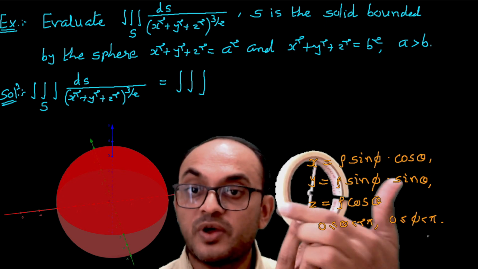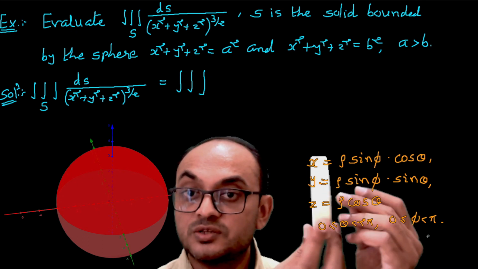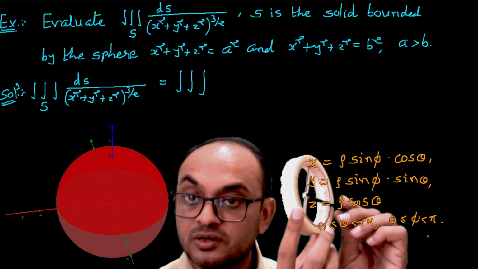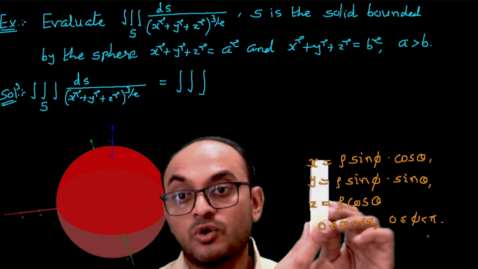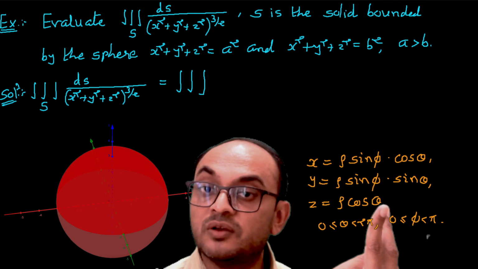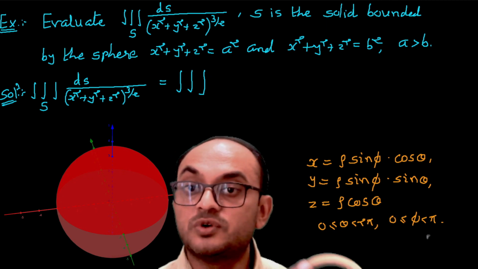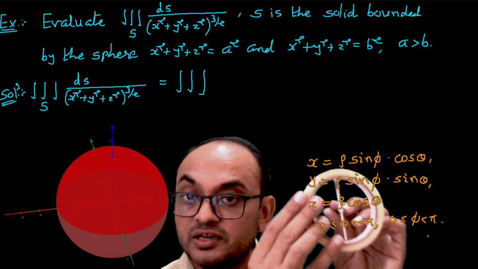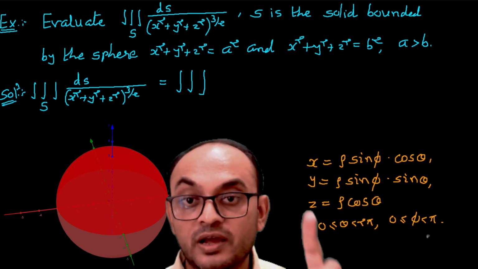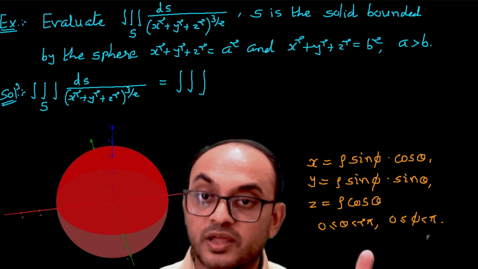Corresponding to this, the back part will automatically come to this part. That's why for this rotation we need only half rotation of the circle, which represents angle phi, 0 to pi. To construct the circle we need the full angle, described by theta, 0 to 2 pi.